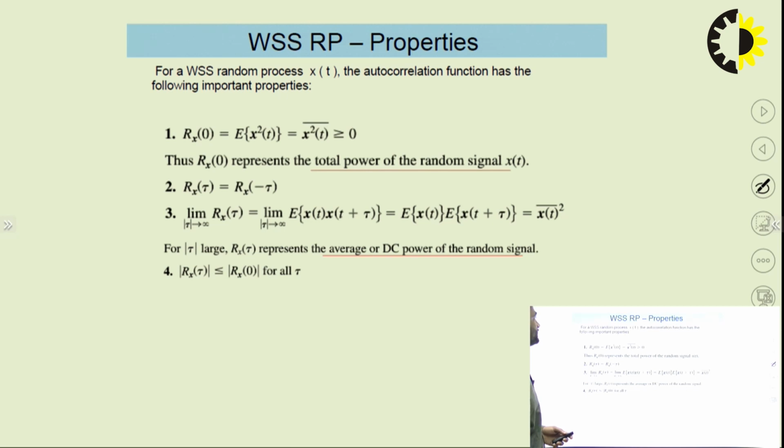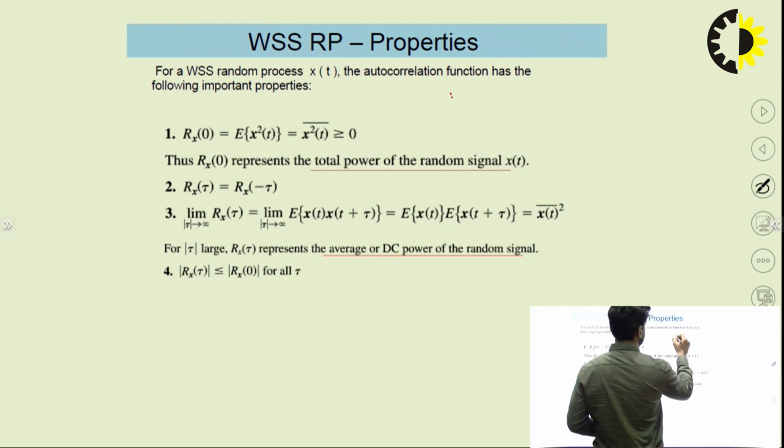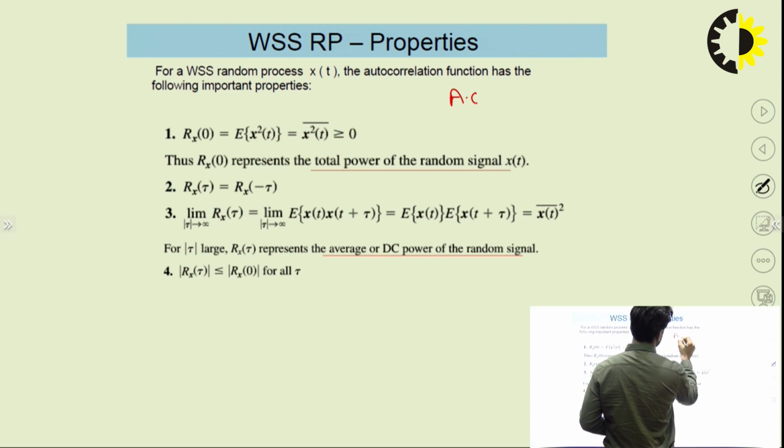Now, some properties of WSS, wide sense stationary, and these are some properties of the ACF function. ACF is a very important parameter to find out whether it's a WSS or not.